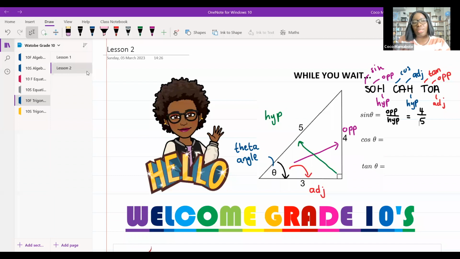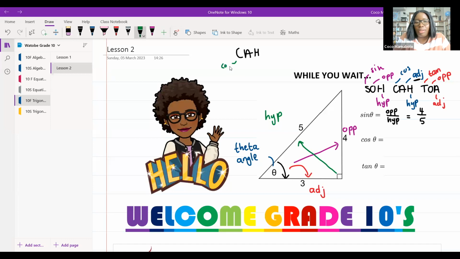Reatile, do you want to do cosine for me? Let's do cos together. Now remember what cos is. First, tell me cos. Cos is equal to opposite divided by adjacent. Oh no, that's tan. We're looking for cos. Remember, cos is the CAH. It's C-A-H.